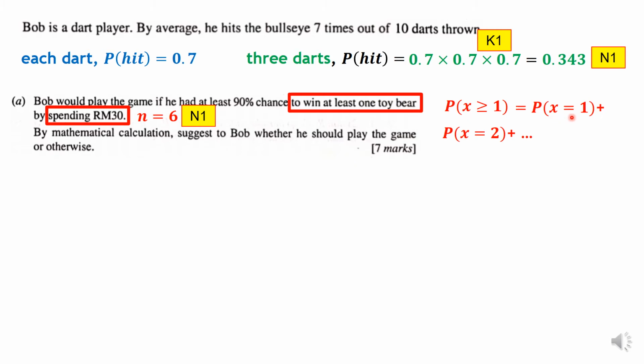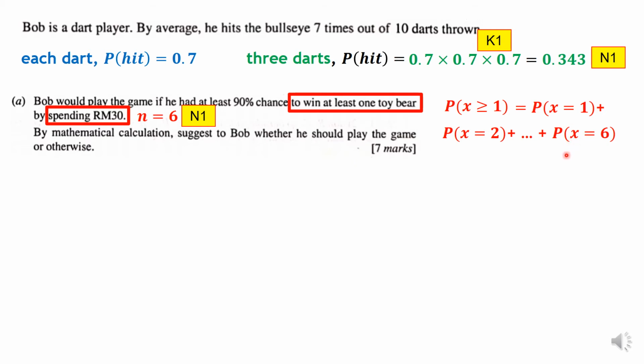Okay, it will be the probability of 1 toy plus the probability of 2 toys plus the probability of getting the third toy and so on, until where do you stop? You stop here, until the probability to get the six games that he played, he got toys for all the games.